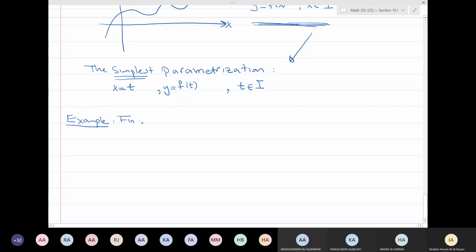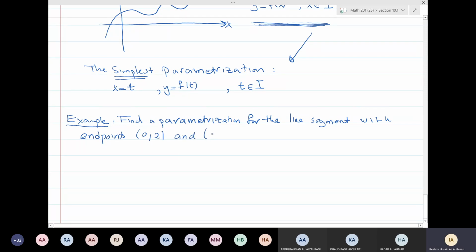Find a parameterization for the line segment with endpoints (0, 2) and (1, 0). Okay, solution.